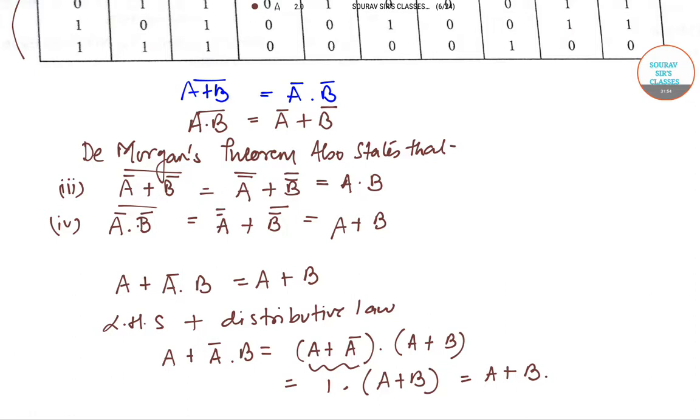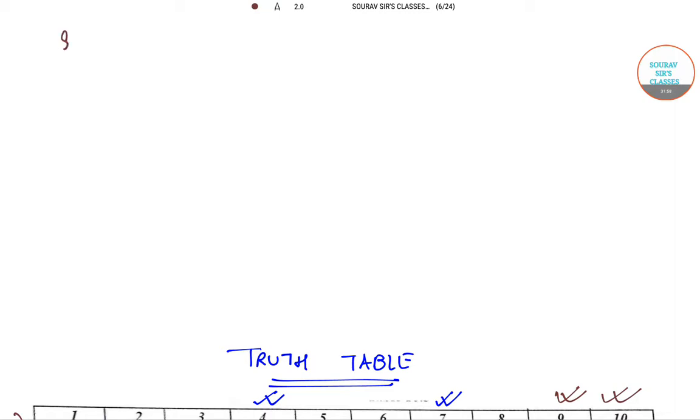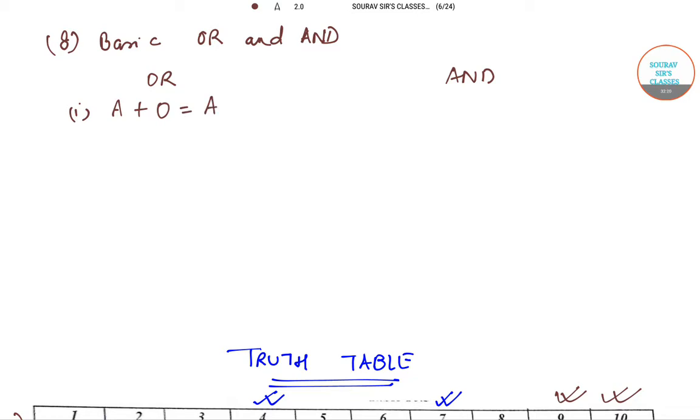And lastly, before winding up today's tutorial, I'll talk about the basic OR and AND relations. So first, this is for OR and this is for AND. So I'll be writing 4. Number 1, A plus 0 will be A, and this is A dot 0 is equal to 0.